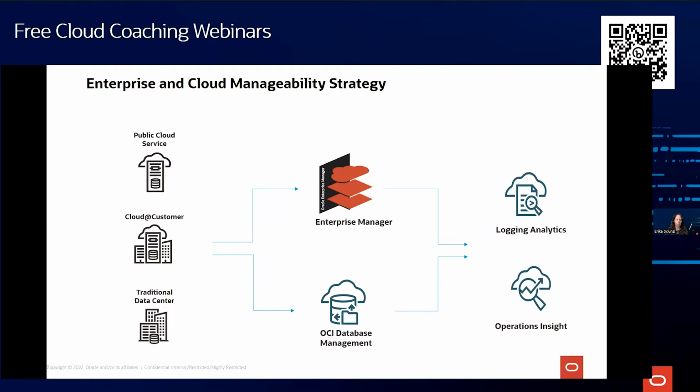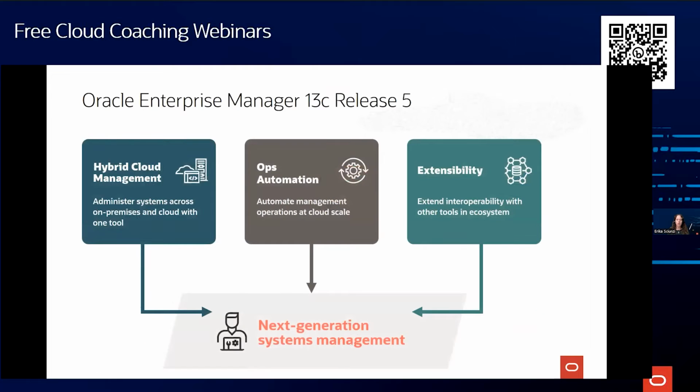In terms of observability, like Logging Analytics and Operations Insights, you can strengthen both with that. I'm just mentioning it in case you see it in the demo and wonder what that is. It's an option that you have because Oracle offers you the maximum choice.